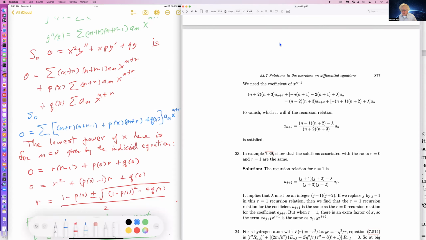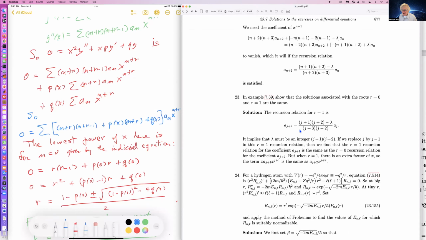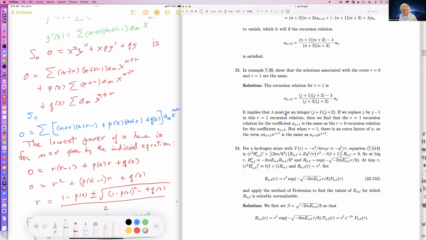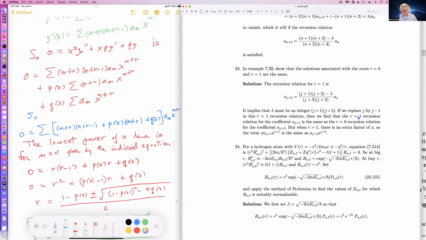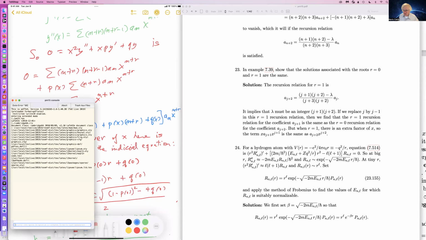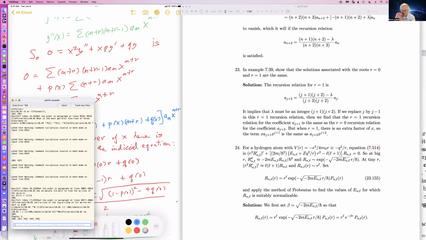And the recursion relation for r equal to 0 then looks like this. Well, we then find that in fact it's the same solution. I'm sorry, let me change the C to the X to a C.